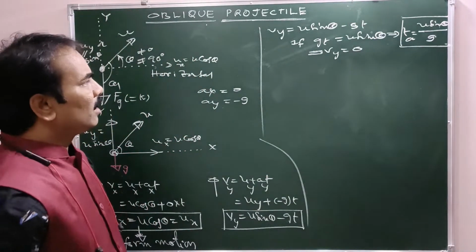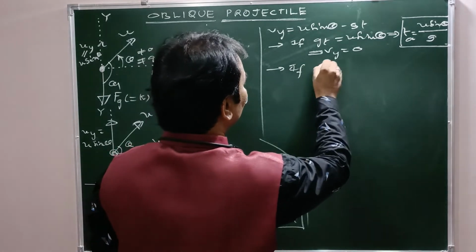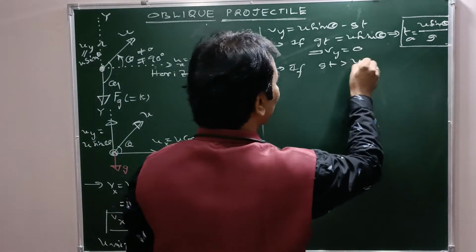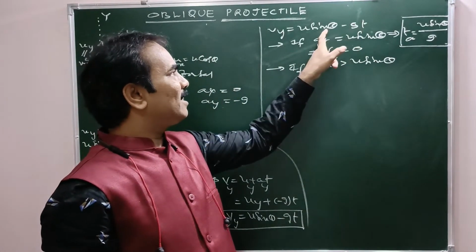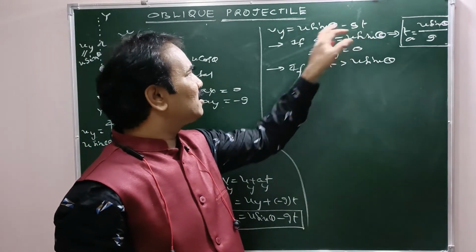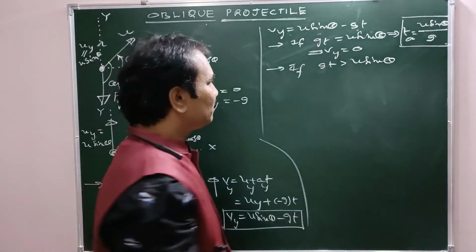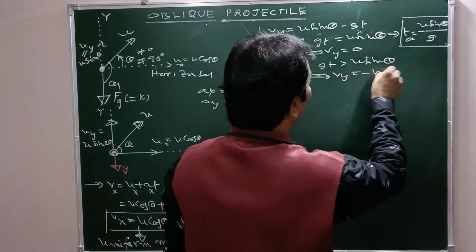Right? If gt is greater than u sin theta, then what happens? If gt is greater than u sin theta, it means smaller term minus larger term. That is, you will get a smaller value minus a larger value. That is, vy becomes negative. So implies vy becomes negative.